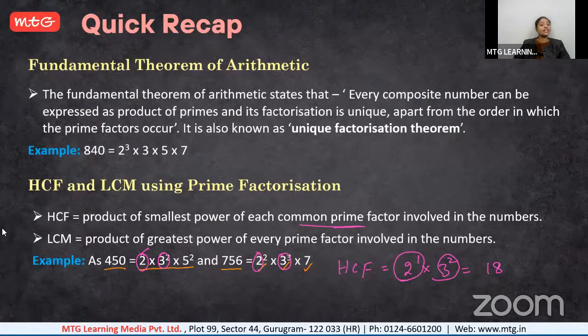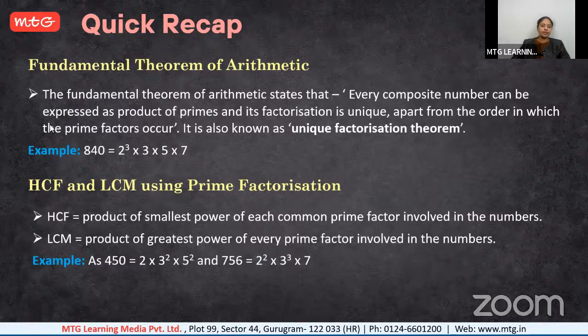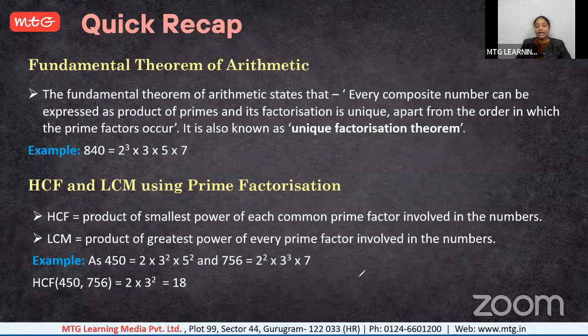Simultaneously, if you look into its LCM, if you wanted to find it out, how will we do it? LCM is nothing but the highest power of the prime factors it has. In the case of LCM, we don't look only for common factors. In HCF only, we look for common prime factors. But here, we take up every factor. What is the highest power of 2 in this? 2 square.